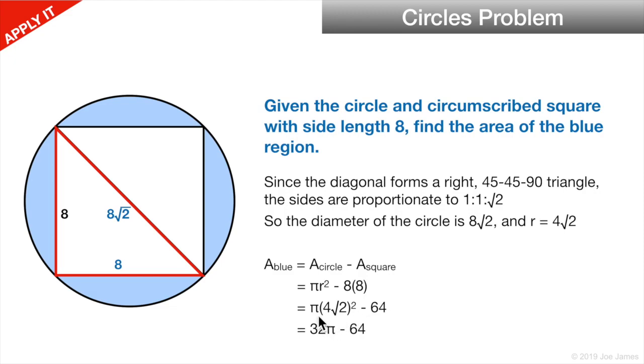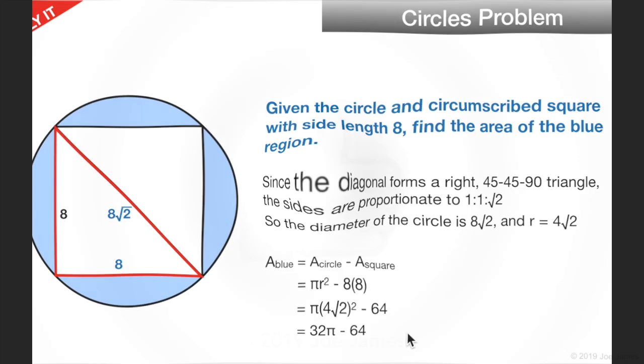So the area of our circle is pi times 4 root 2 quantity squared, which multiplies out to 32 pi minus 64, and that's as far as we can reduce that. 32 pi minus 64 is our final answer in terms of pi.